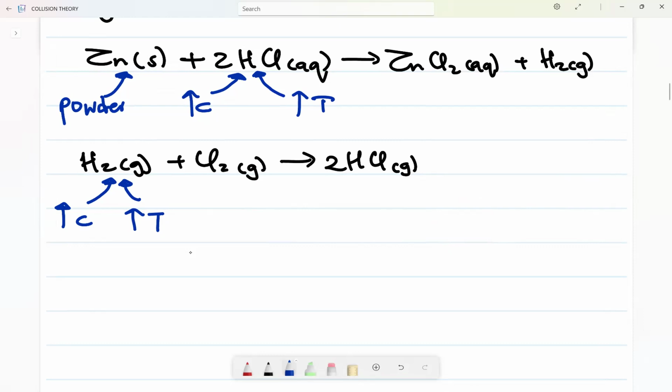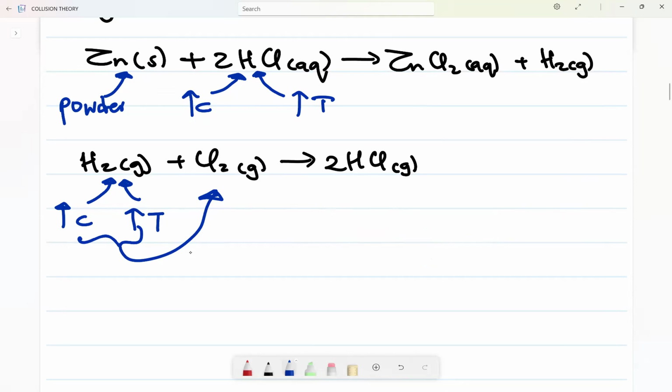By increasing the concentration, it means now we can add more gas. When we add more gas, we are increasing the number of particles. Then when you increase the temperature of that gas, the particles will move at a higher kinetic energy, will move more vigorously. Okay. This also applies here, since it is a gas.